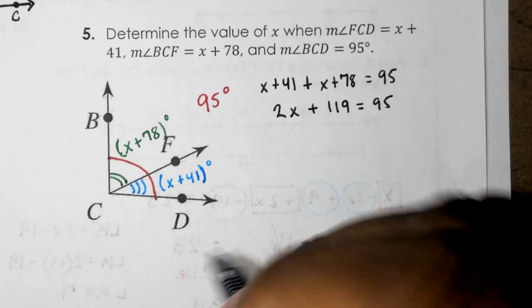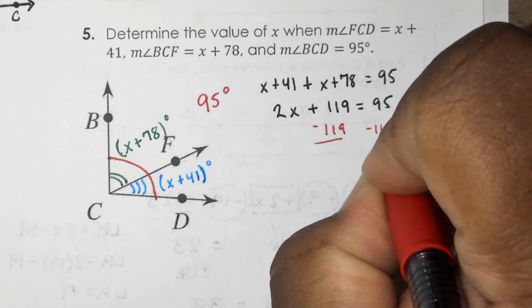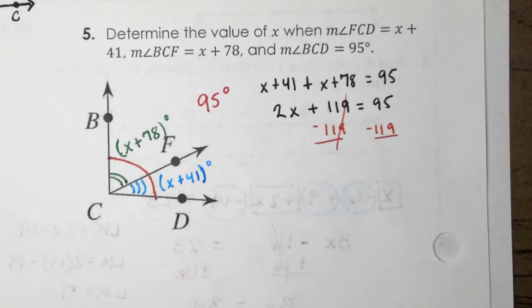After that, subtract 119, subtract 119, cancel. So 95 minus 119 gets negative 24.